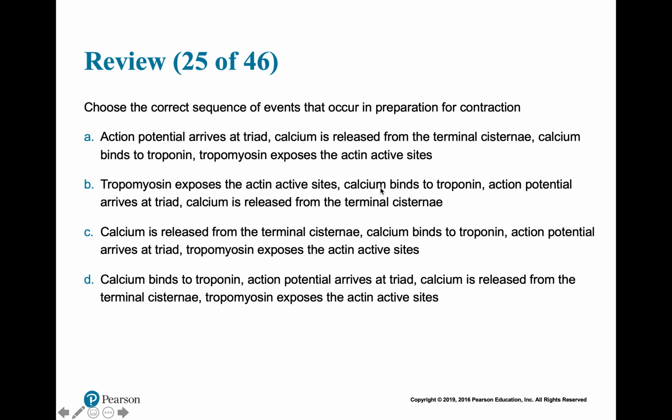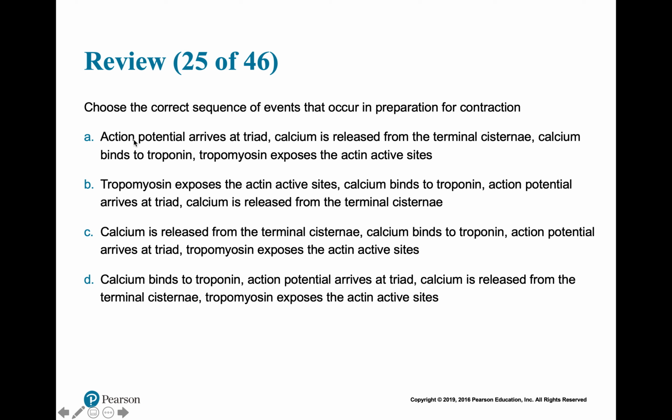And if you look at the second step of this sequence, calcium binds to troponin. Well, that has to happen before tropomyosin exposes the active actin sites. So this is most likely incorrect. Calcium is released from the terminal cisternae. Well, that's one of the first things that has to happen in order for contraction, but here, A gives me action potential arrives at the triad. That actually happens before calcium is released.